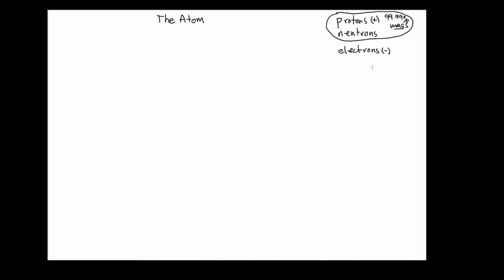All right, now I want to just briefly mention the issue about stipulating the charge on the proton and on the electron. What you need to realize about the charges: the positive and the negative don't have a physical meaning. What this designates to us is that the proton and the electron have a mutual attraction for one another.